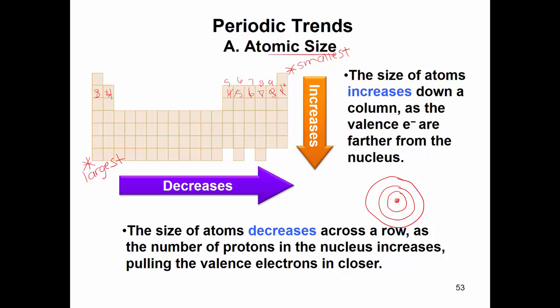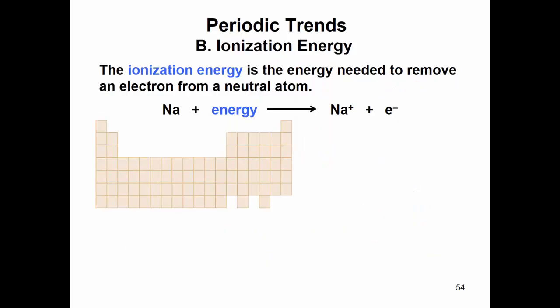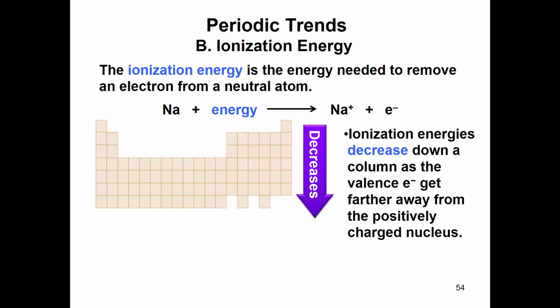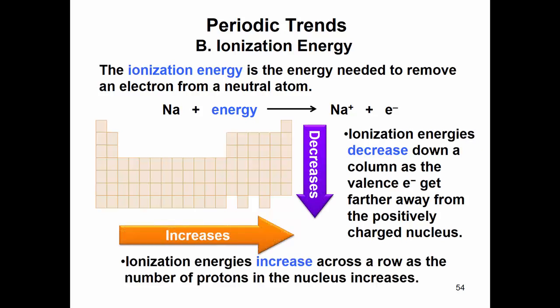That's a good way to think about it, because if you increase as you go down, then this is going to be smaller, and if you decrease in size as you move across, then anything that's further to the right and up high is going to be smaller than anything that's further to the left and down low on the periodic table. Atomic size and ionization energy go hand in hand, so once you look over this a couple times, hopefully it will make sense to you.